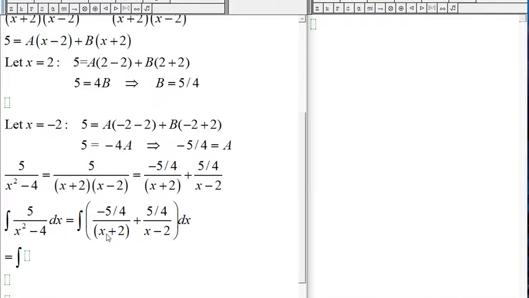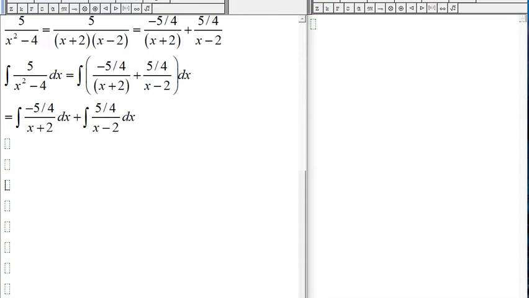So that becomes the integral of -5/4 divided by x plus 2 dx, plus the integral of 5/4 divided by x minus 2 dx. And then we can move this constant of -5/4 to the front, and same thing over here, we can move the 5/4.